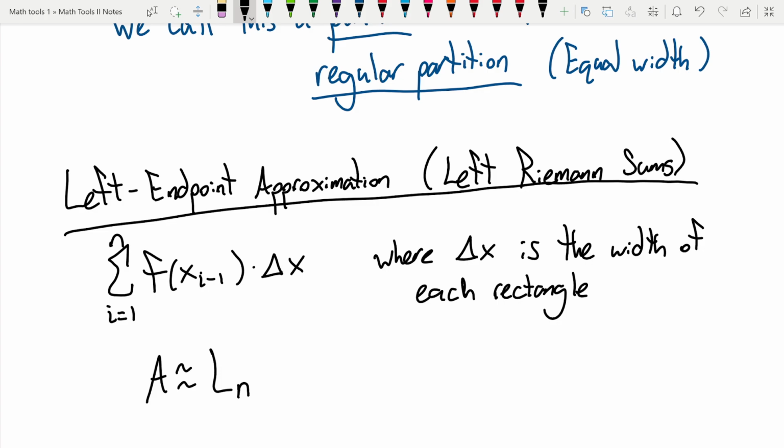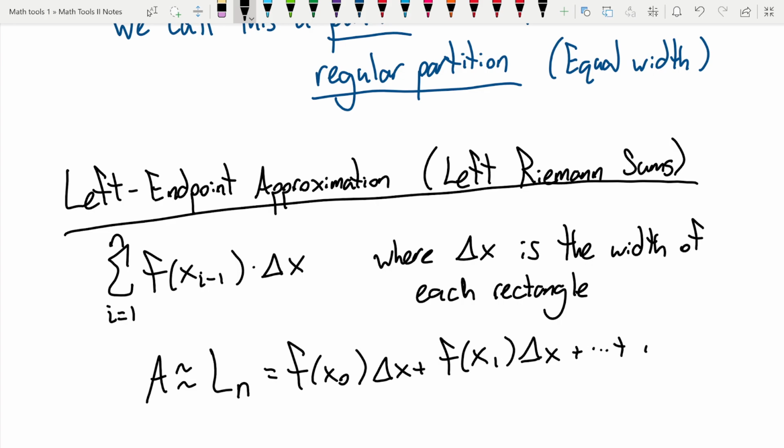It's important to be careful because sometimes we also talk about the lower sum, and we'll talk about that later. So it's important to know which one it is in context. But this would be f of x sub 0 times delta x plus f of x1 times delta x, all the way up to f of x sub n minus 1 times delta x.